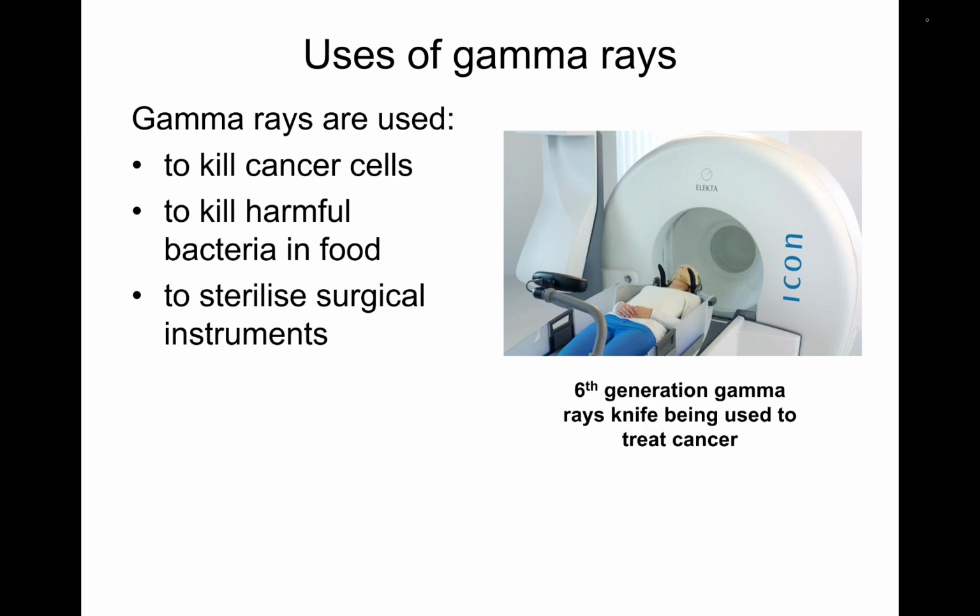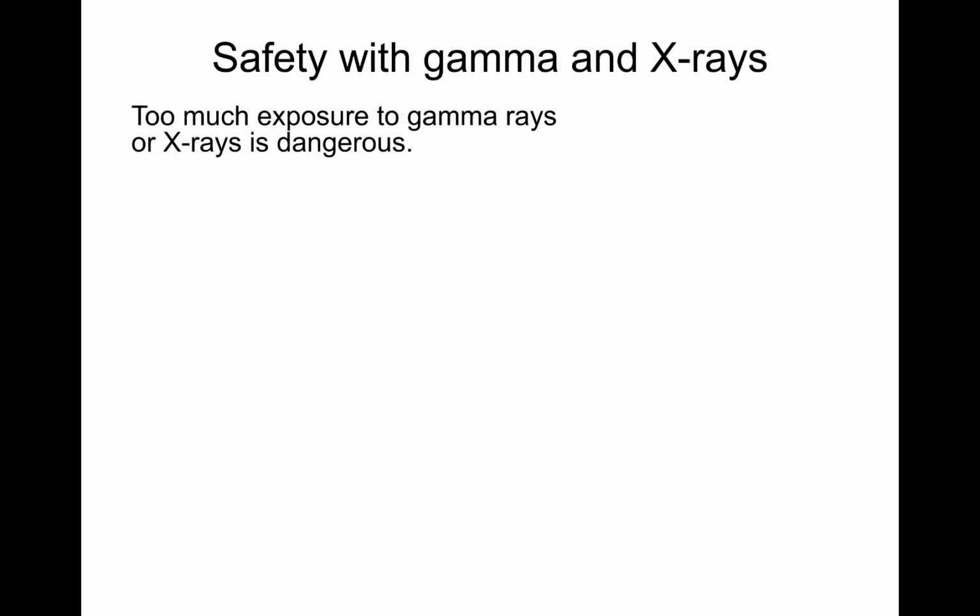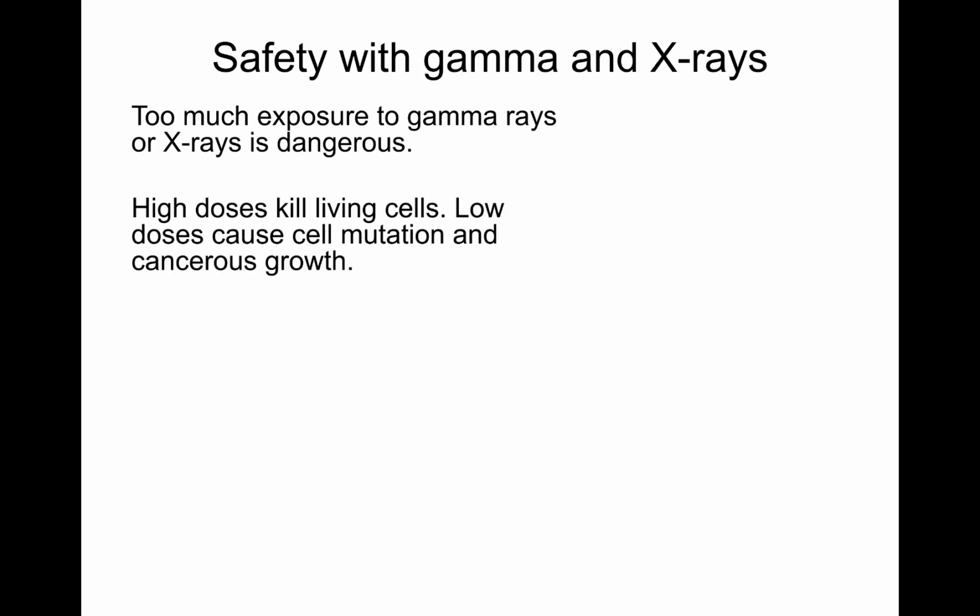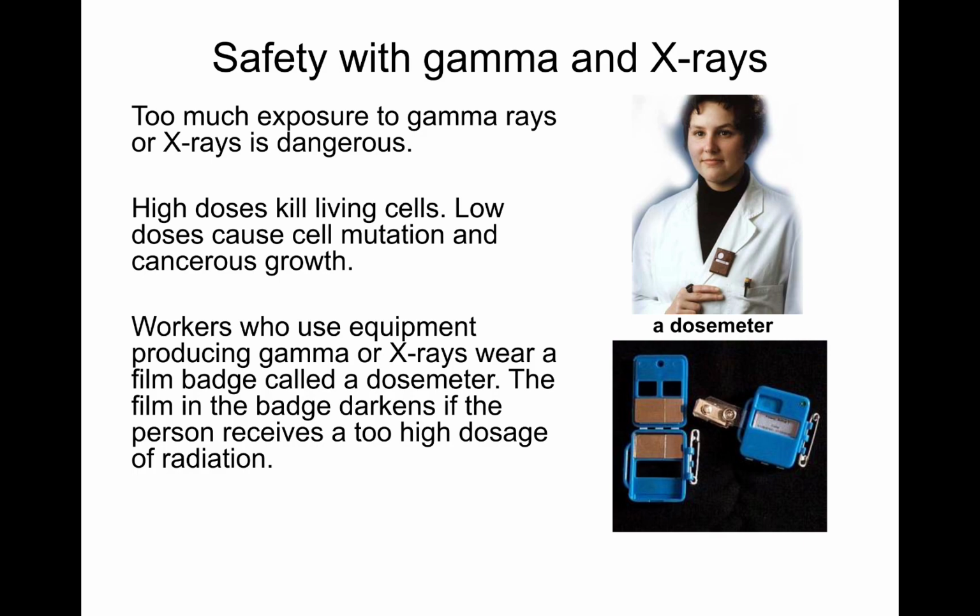Okay, let's move on. Remember to pause at any point if you need to take any notes. So let's move on to safety with gamma and X-rays. Too much exposure to gamma rays or X-rays is indeed dangerous. High doses can kill living cells, and low doses can cause cell mutation and cancerous growth. Workers who use equipment producing gamma or X-rays wear a film badge called a dose meter.